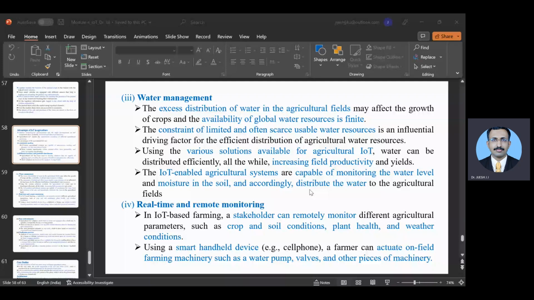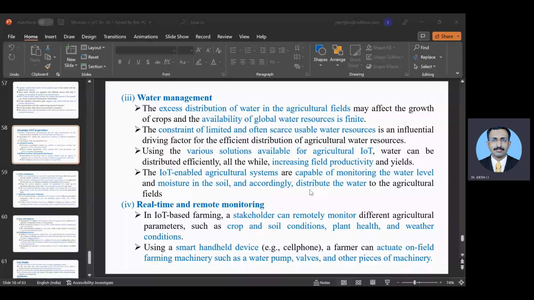So what are the next possible advantages? As of now we have seen 4 advantages. What are those advantages we have seen? The first one is automatic seeding.